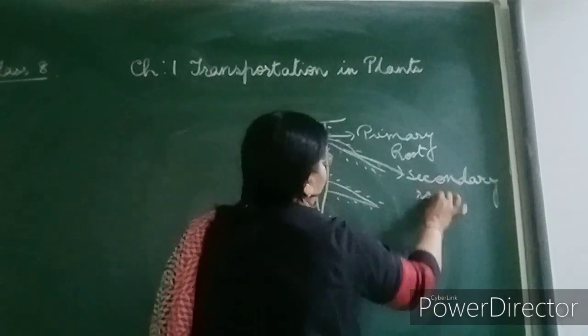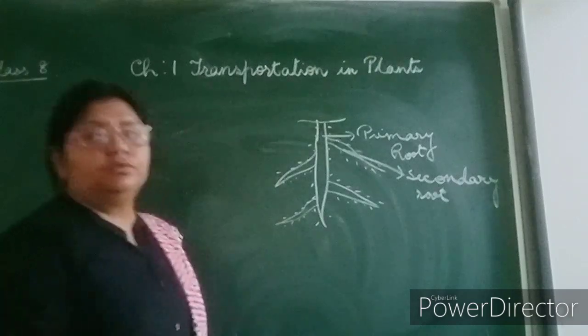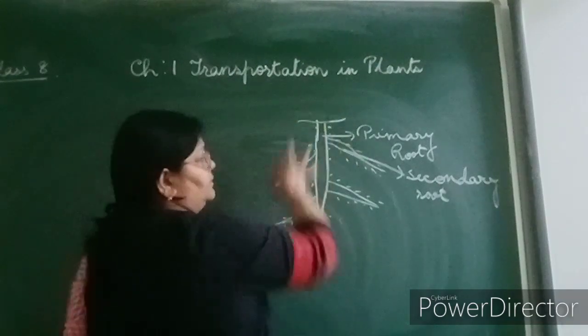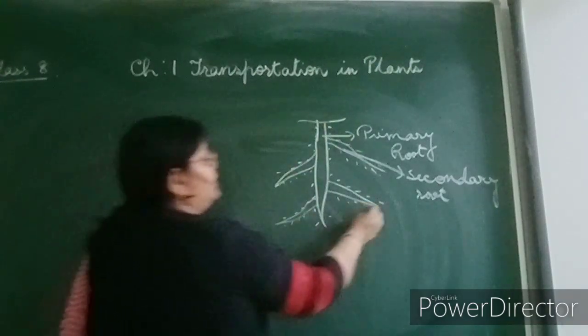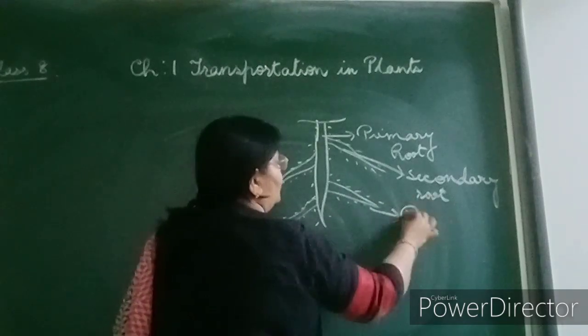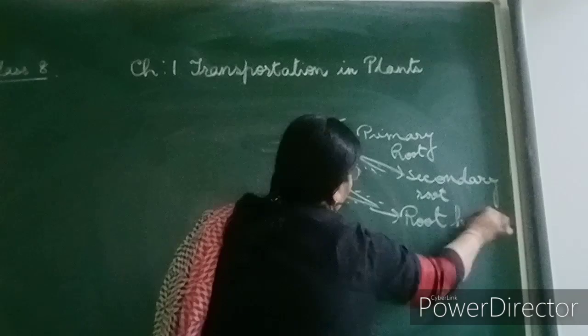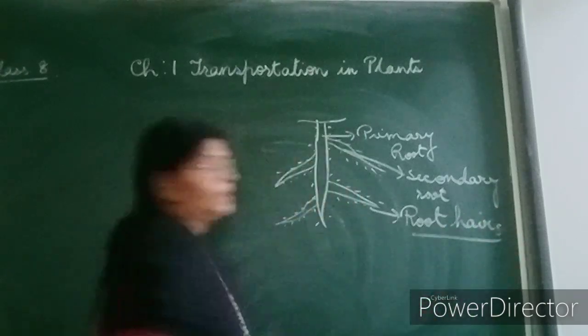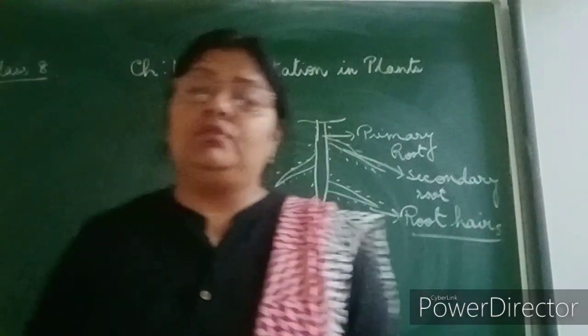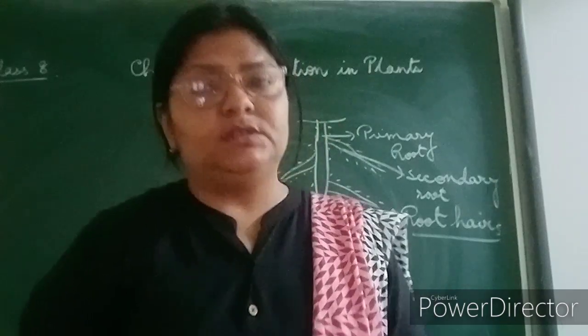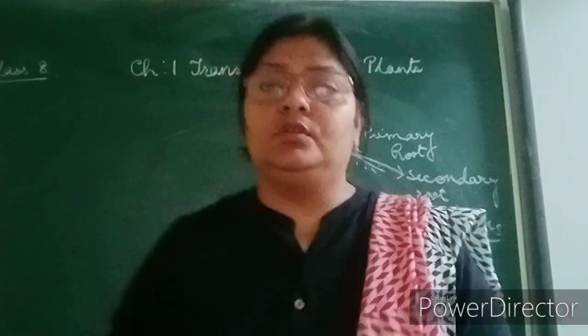There may be further branches called tertiary roots, but all the roots are covered by small roots called root hairs. So the whole root system is covered by very small roots called root hairs.